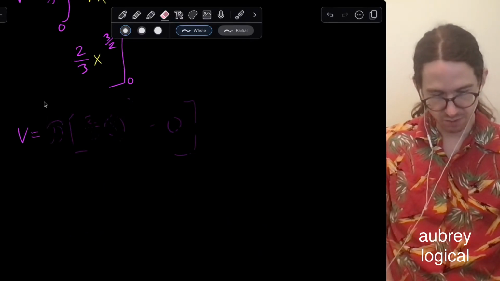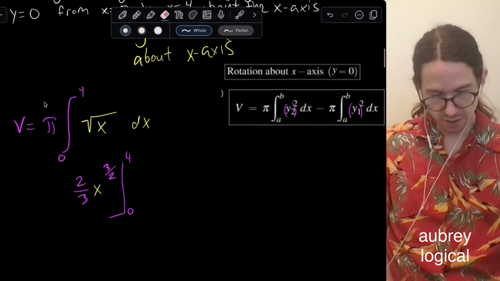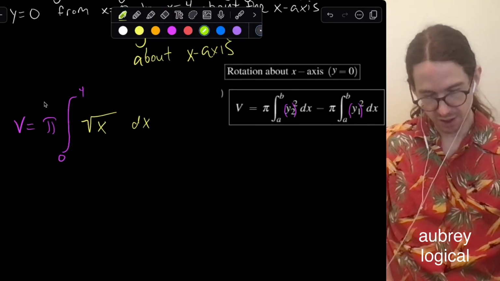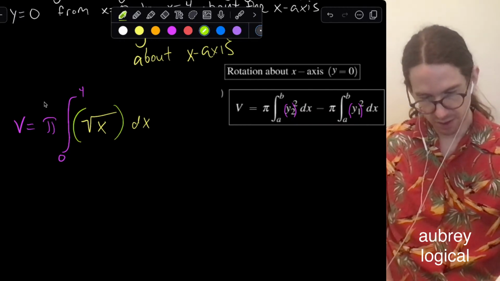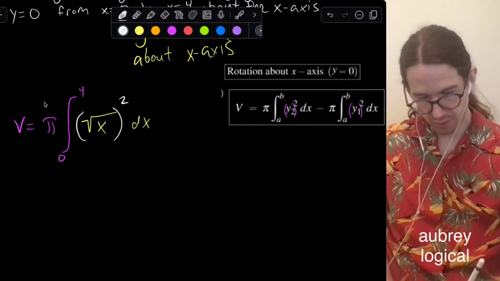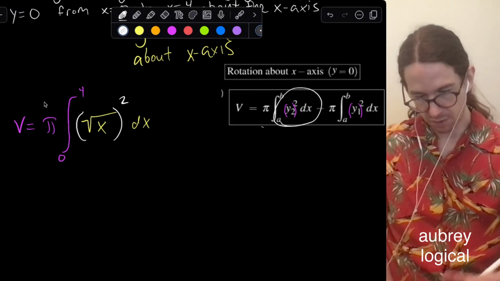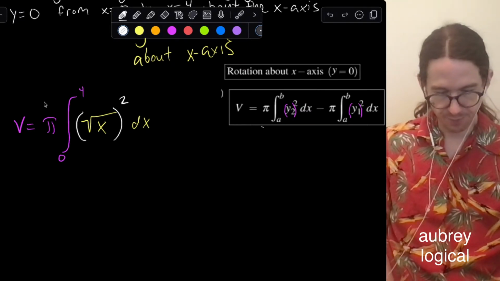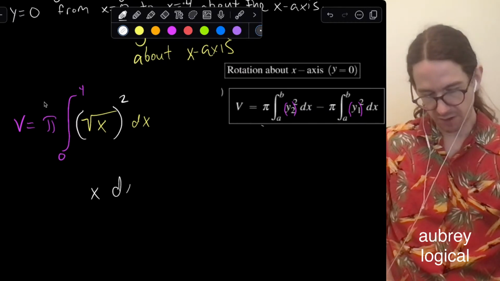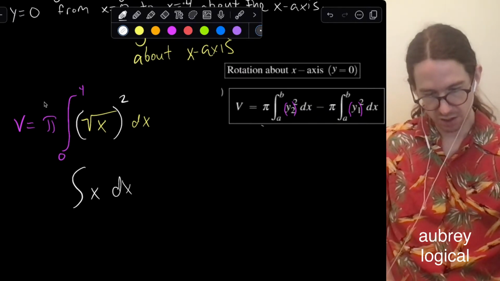So let's see here what we got. So going back, what I did wrong here was that I should have had this quantity squared. So I messed up. So that's just going to become x, the integral of x dx.